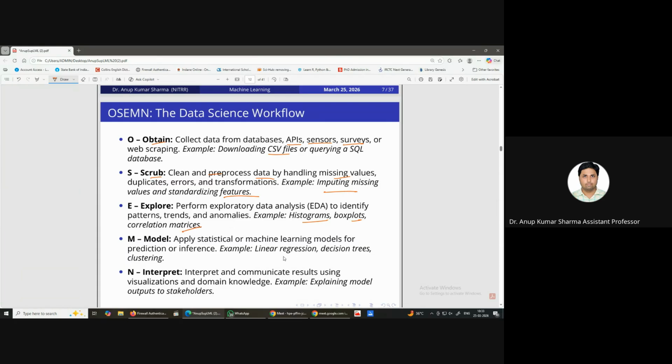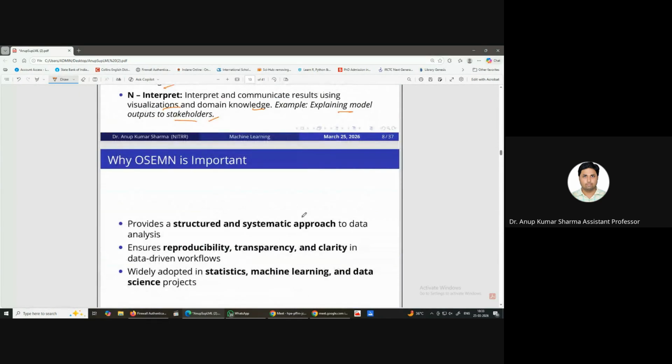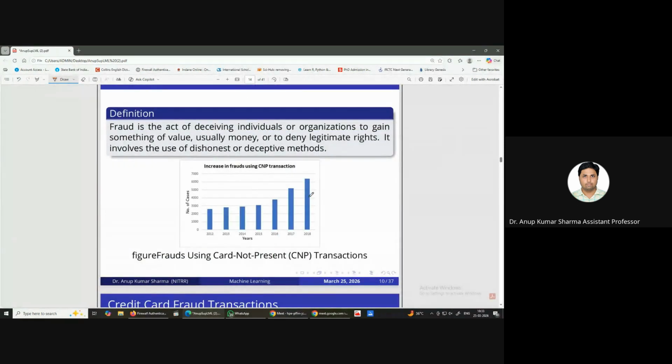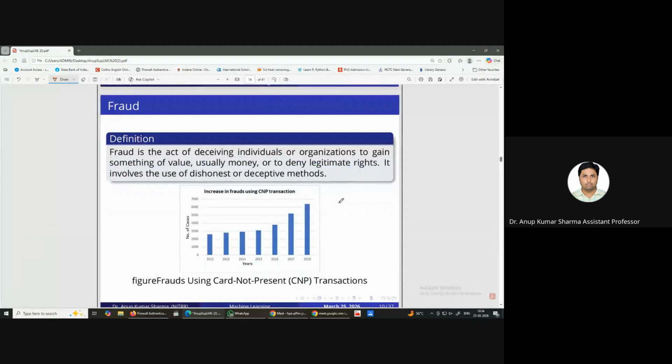Model means linear regression, decision tree. These are the machine learning models. Interpret means visualization, domain knowledge, for example explaining the model outputs to the stakeholders. Means we are just finding the result. OSCMN is important because it gives, in one simple sentence, the path of completing the work.